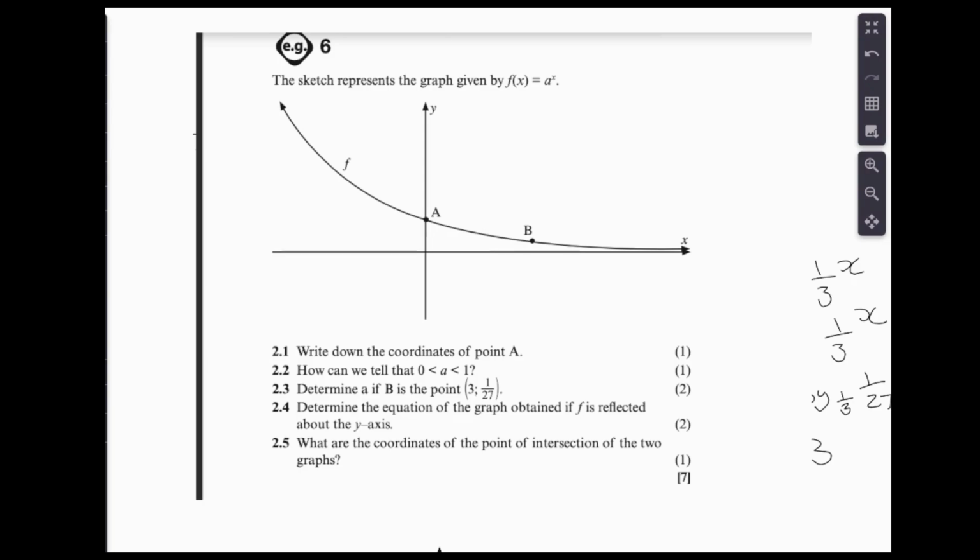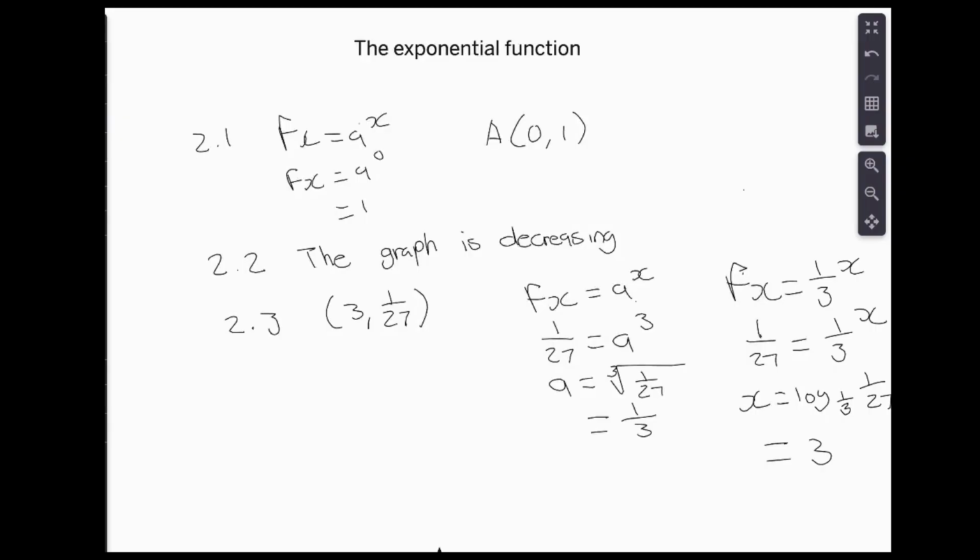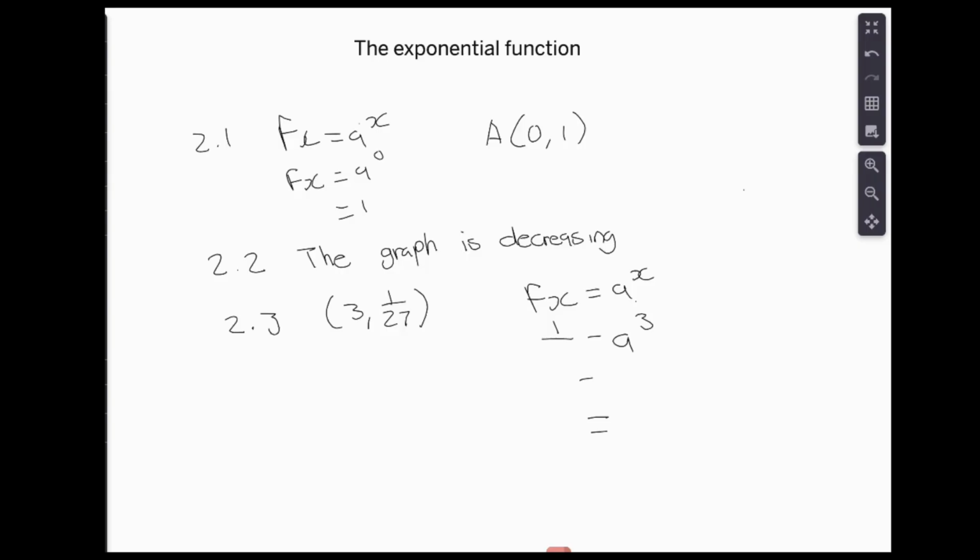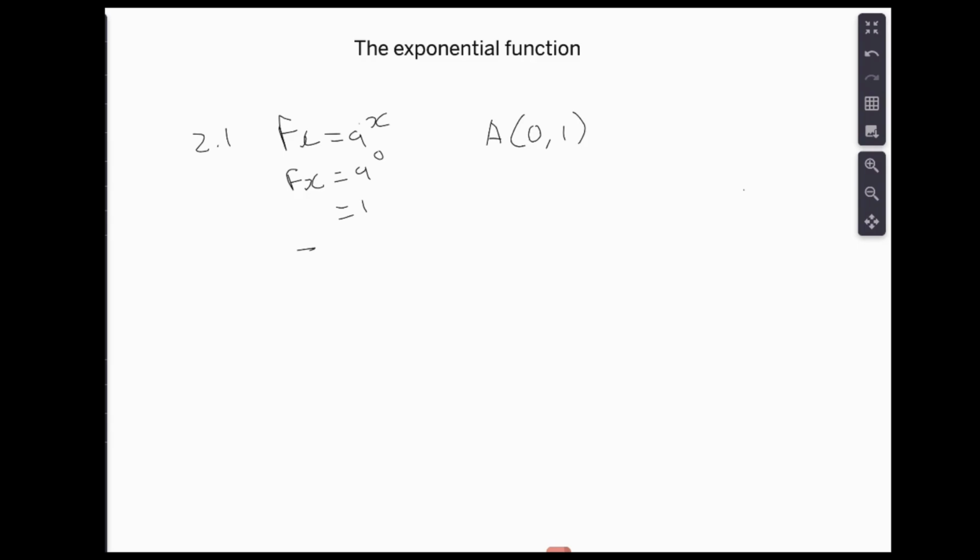So now, to get some space here, I'm going to erase all of this, so that we don't get confused.